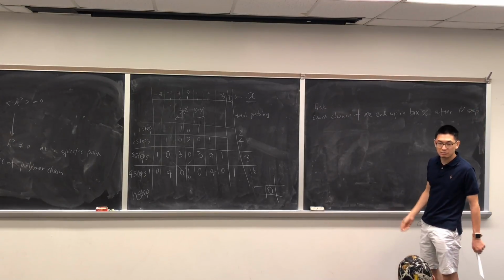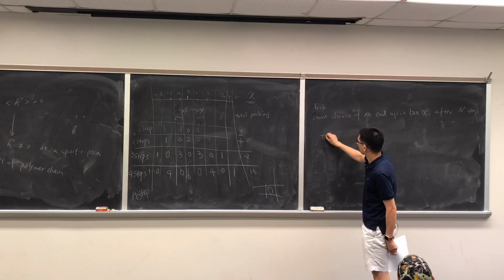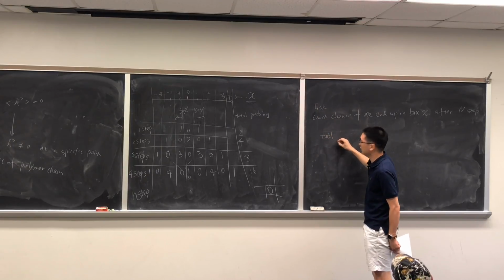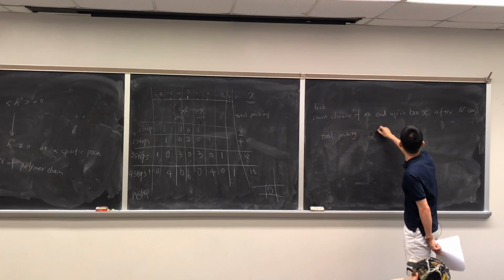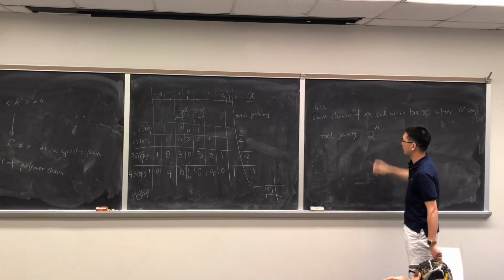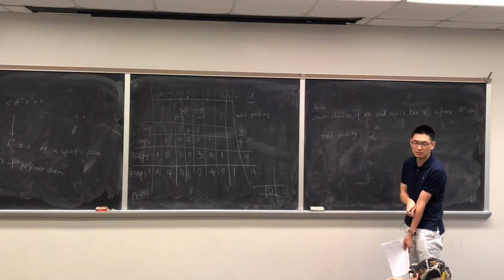So the total possibility is 2 to the power of n, right? You would end up with that many possibilities.